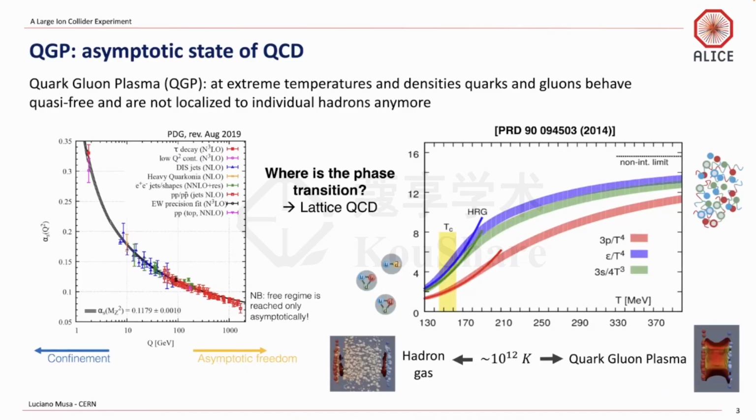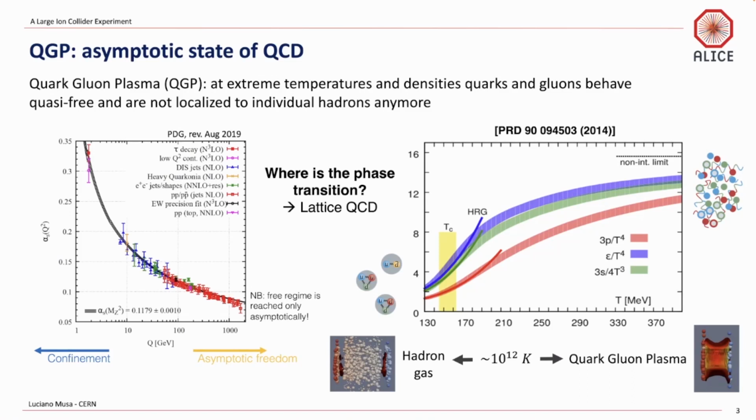Now, given that the ones following this seminar are quite familiar with these topics, I will be very brief. It's just a very quick reminder that one of the distinctive features of the strong interaction is the asymptotic freedom.